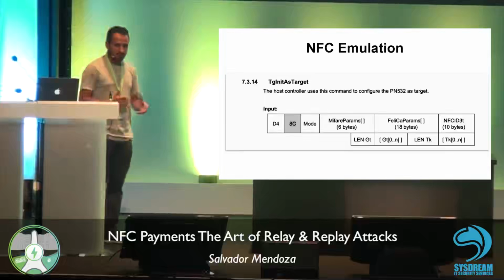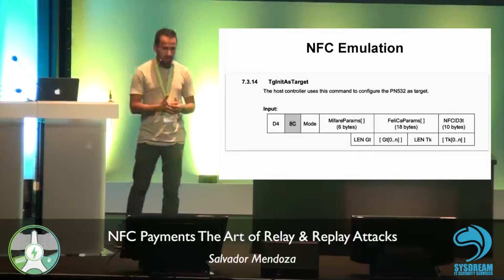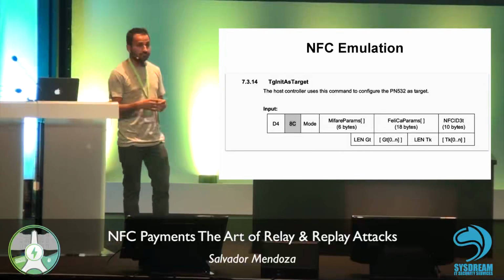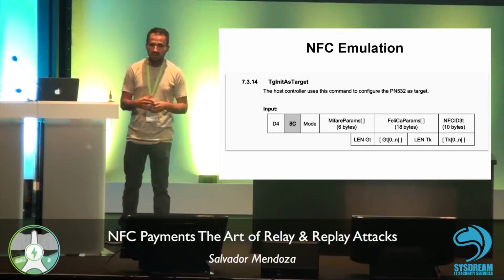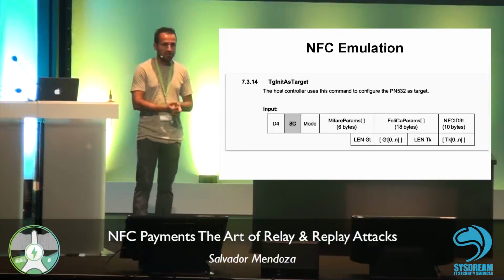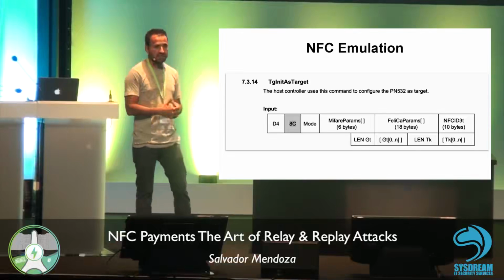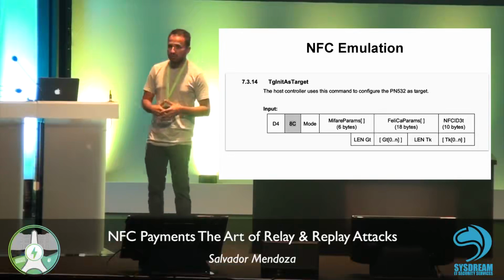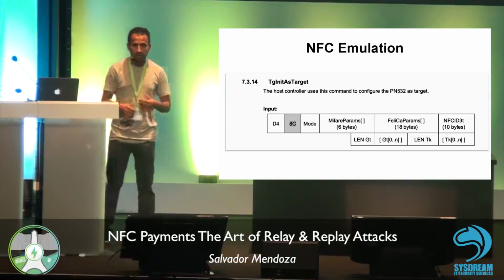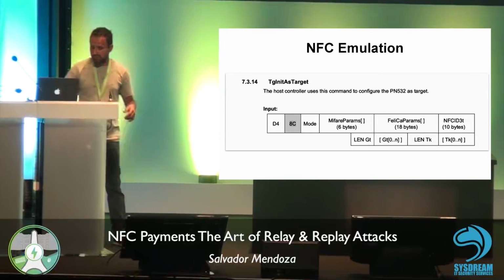Of course, to run it in emulation mode, you need to implement what we call native commands. Basically, when you connect the USB to your computer and you run a script, when you are using the reader, the first command is like, I'm not going to use it as a reader, I'm going to use it in simulation mode, so I can use it to behave as a smart card.